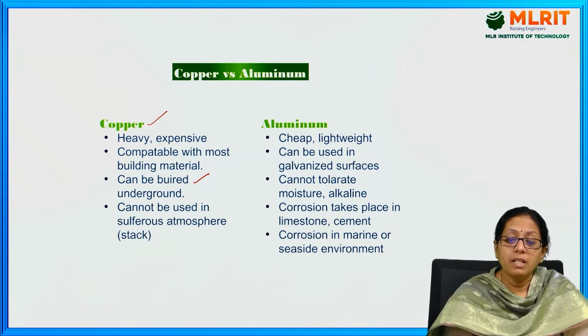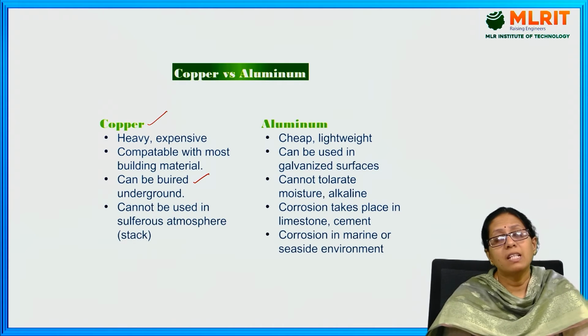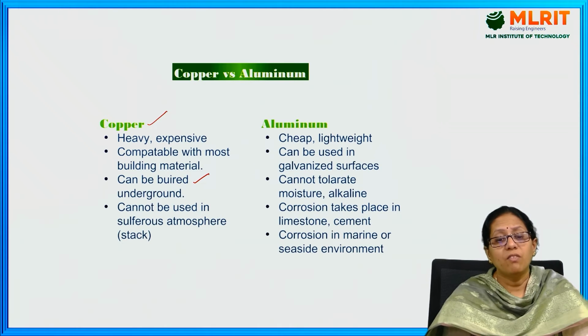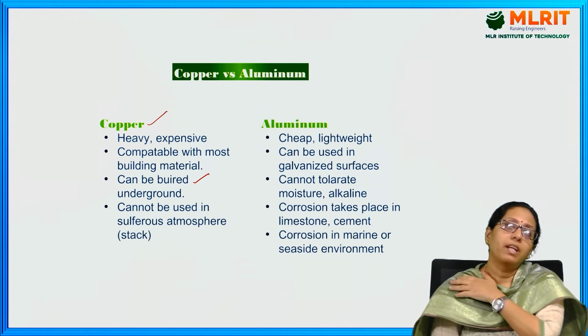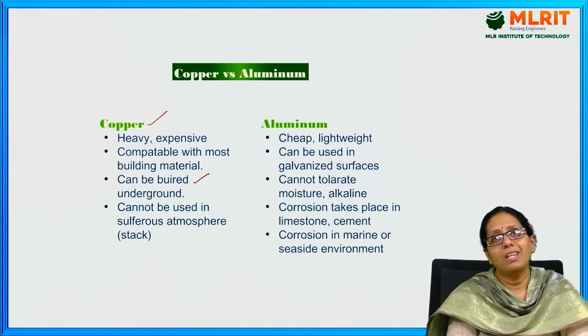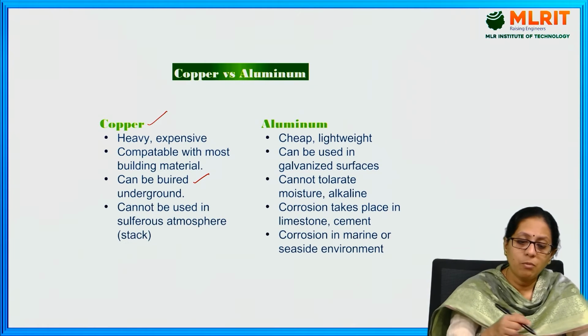It can be used for overhead lines as well as underground lines. The weight of the copper wire is more, and it is expensive when compared to aluminum, and it cannot be used in surface atmospheres.